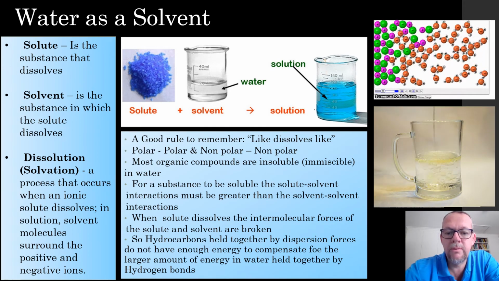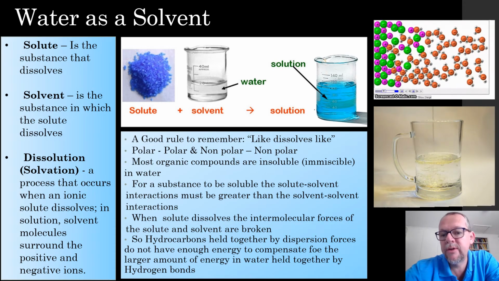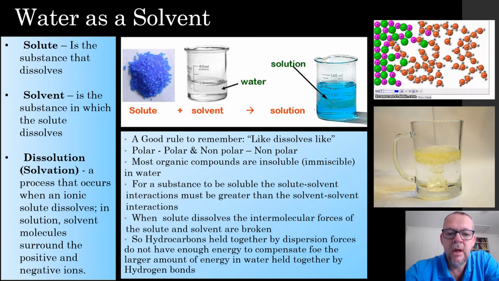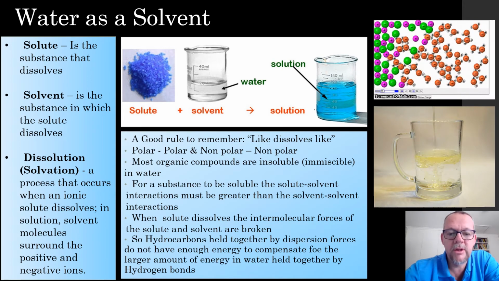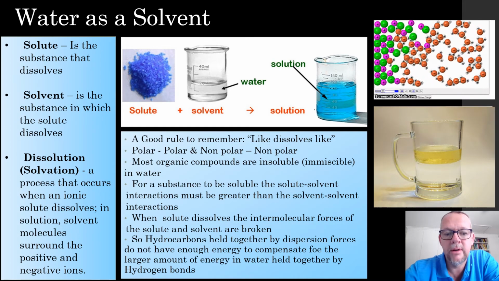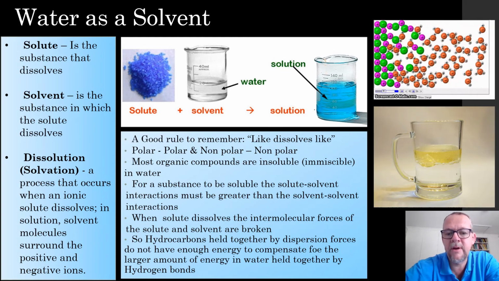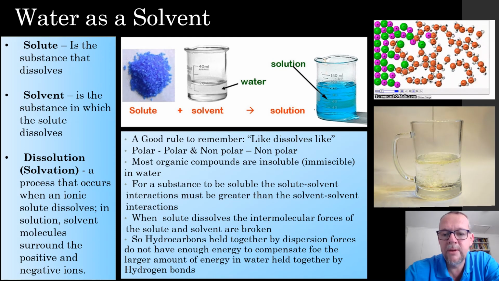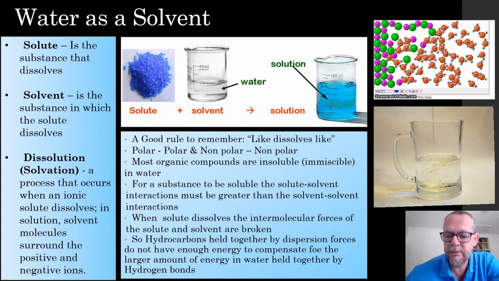So for a substance to be soluble, the solute-solvent interactions must be greater than the solvent-solvent interactions. So when the solute dissolves, the intermolecular forces of the solute and the solvent are broken. So hydrocarbons held together by dispersion forces do not have enough energy to compensate for the larger amount of energy in water held together by hydrogen bonds.